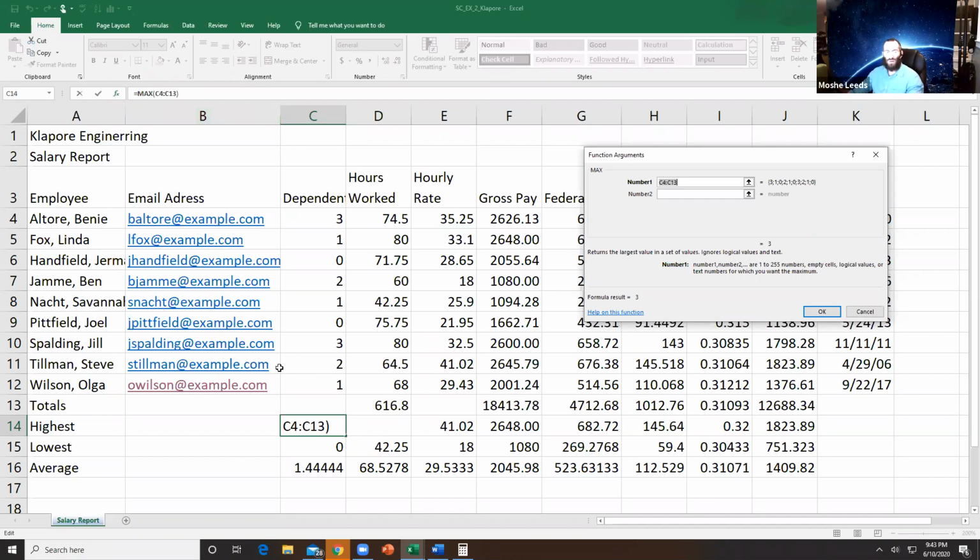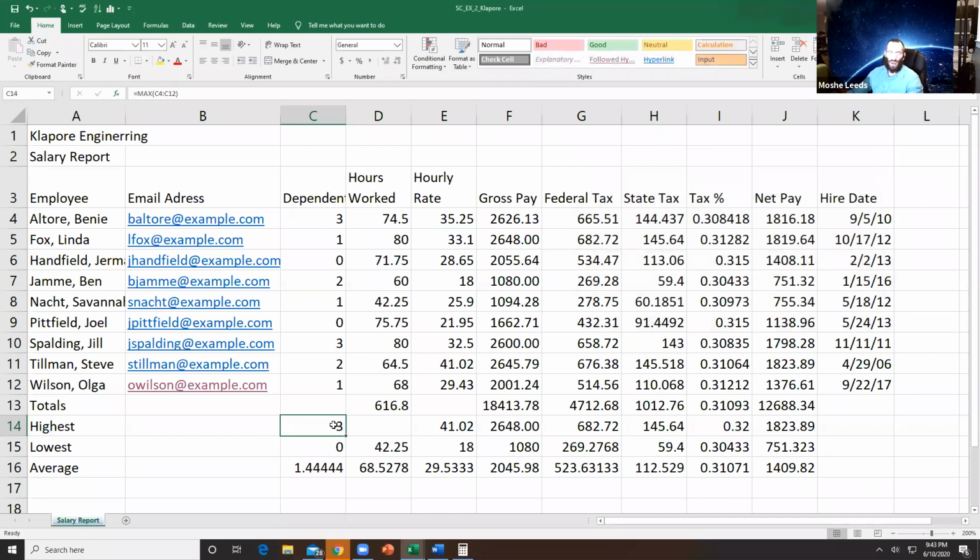Okay, so this one, there is no data in C13, so I don't want it to include C13. So the simple way to do it is I could just delete the 13, type 12, and press enter, and then if I double click, I can see right away the formula. I see the formula has selected these cells here, press enter, and I'm like, okay, that works.